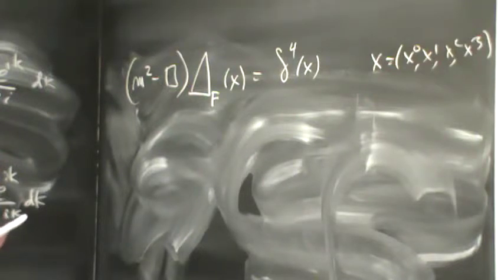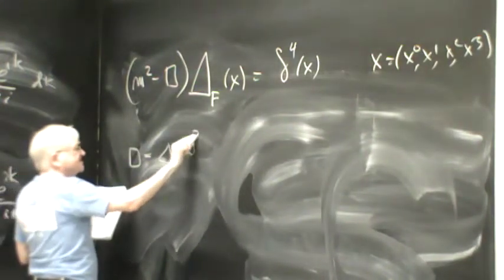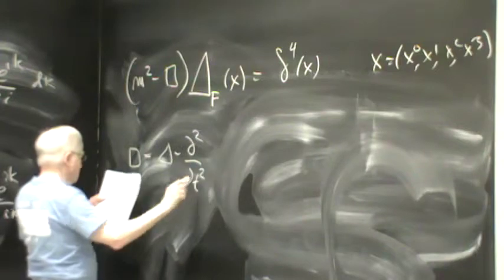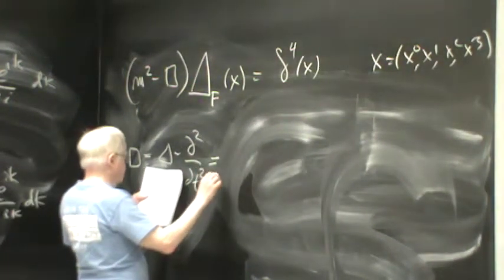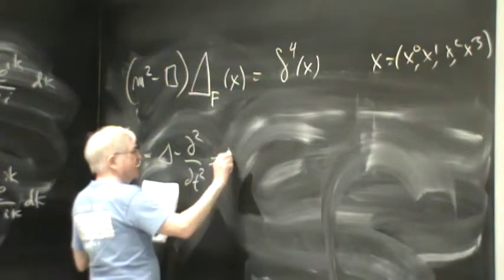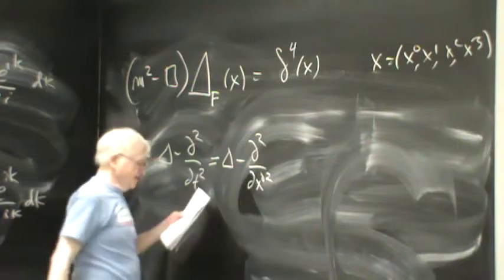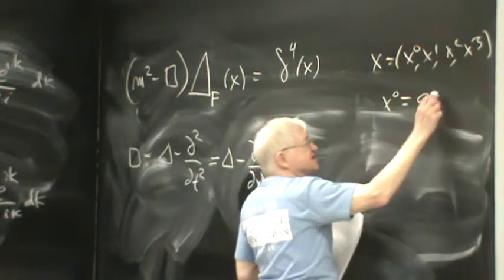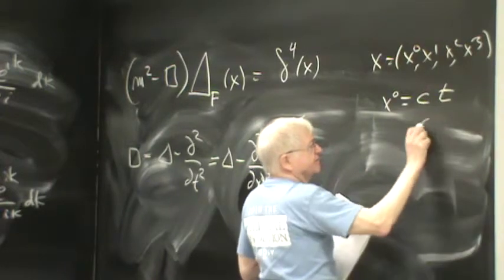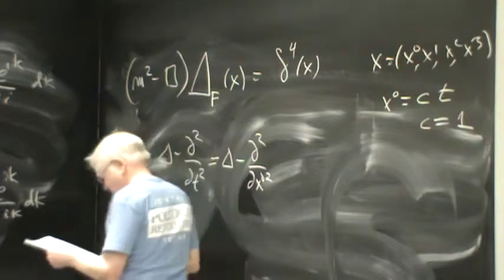Feynman always was right. This thing with box is equal to triangle minus d2 dt squared, and equivalently, this is triangle minus d2 dx0 squared. Here, x0 really is supposed to be ct, but I'm going to set c equal to 1 to make the equation simple here.